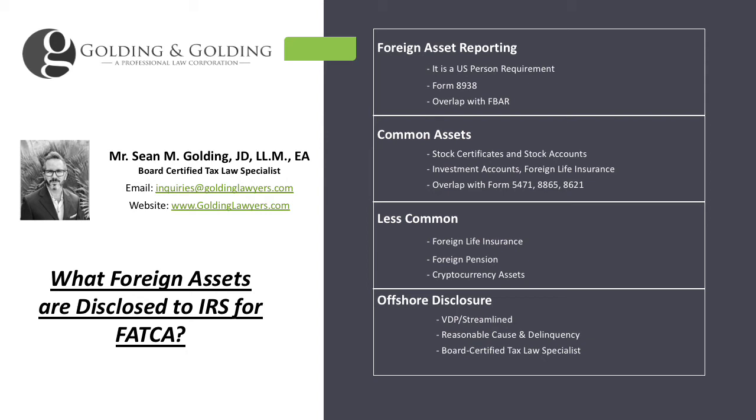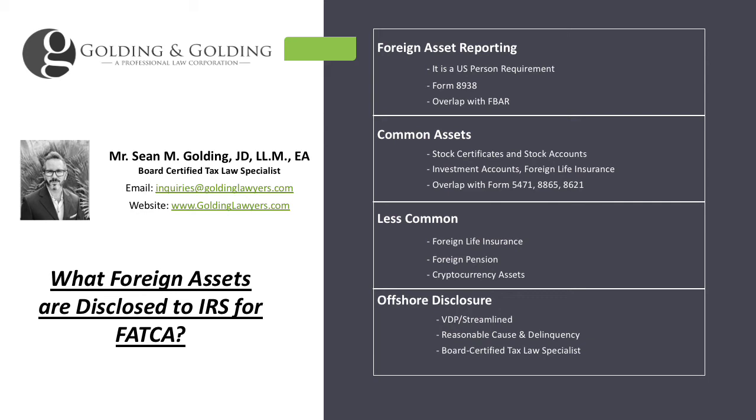But let's say you have 35% ownership in a company, you acquired ownership in that year, you generally will not have to file both the 5471 and the 8938 for the same asset. You may have different assets that require you file different forms, or both forms, for the different assets, but you typically don't have to duplicate the same asset on multiple forms, excluding the FBAR, which is still required.